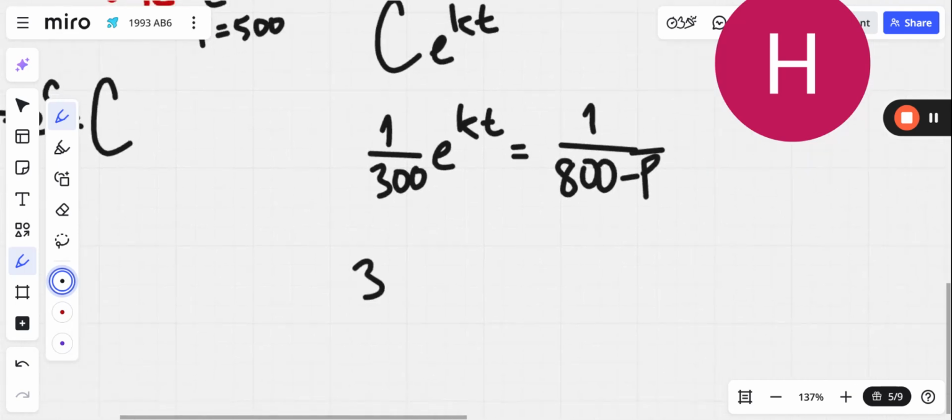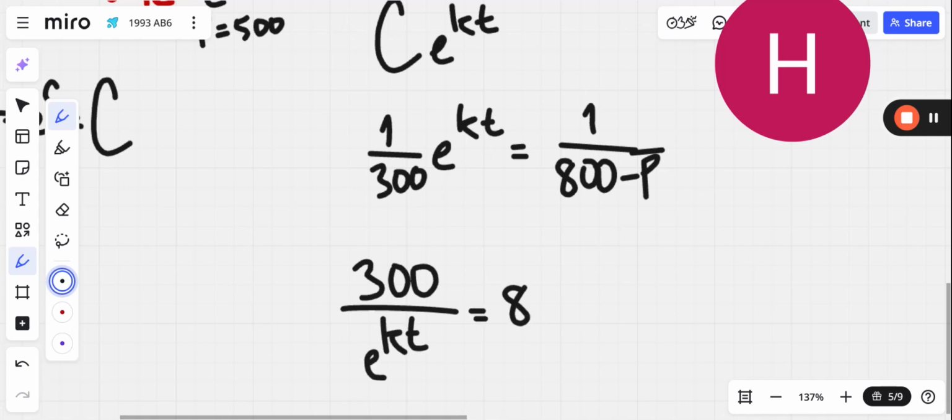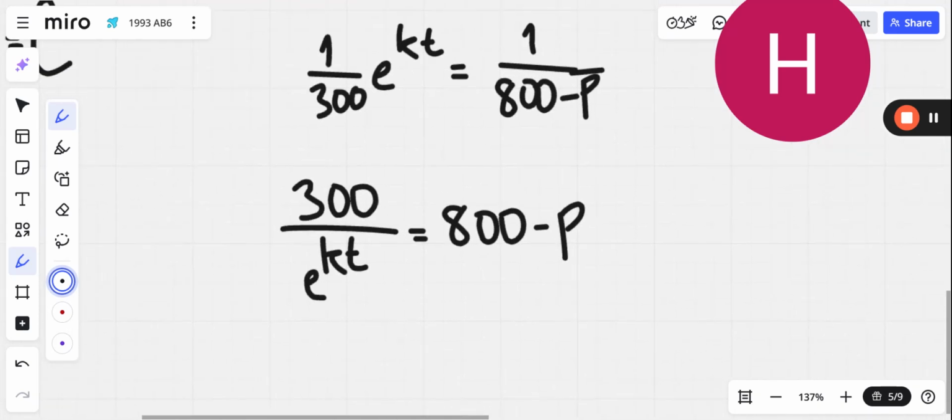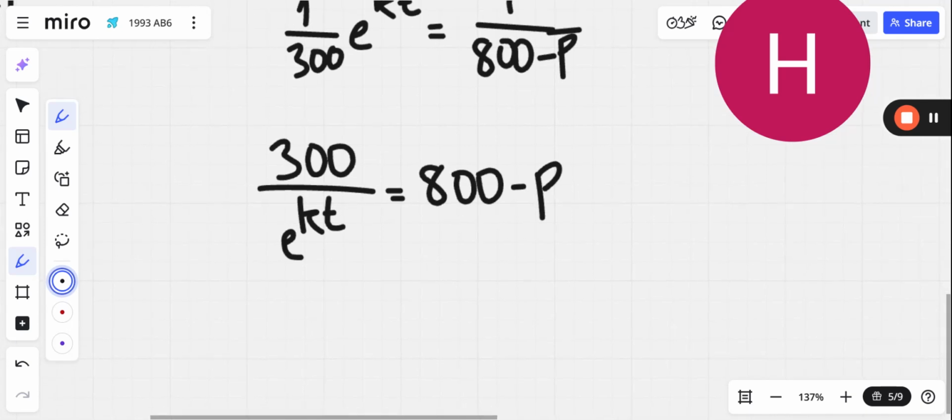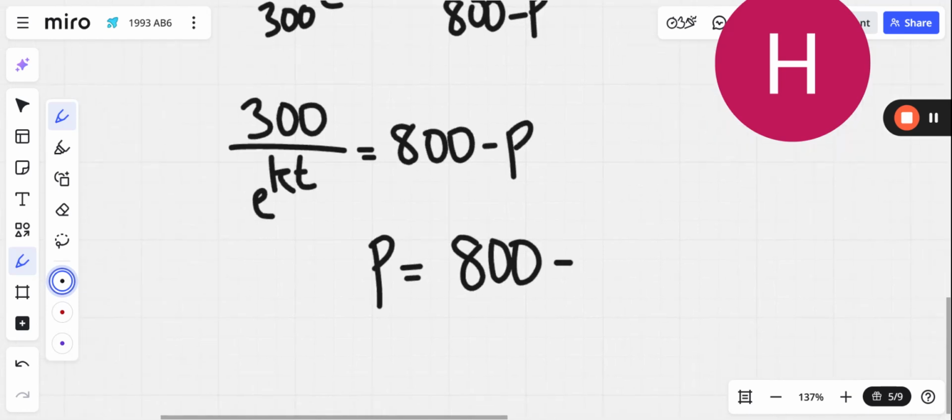So this is going to be 300 over e to the kt equals 800 minus p. So we can add p and subtract the 300 over e to the kt, and we have p equals 800 minus 300 over e to the kt.